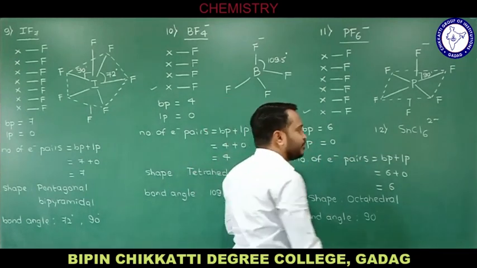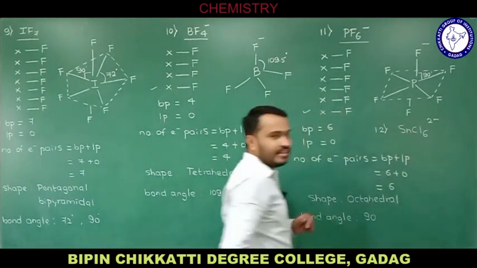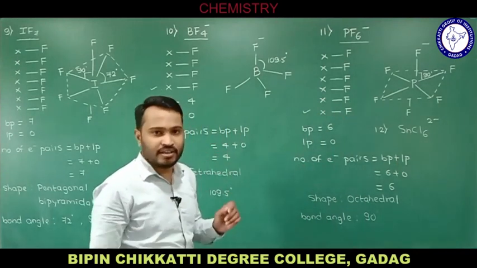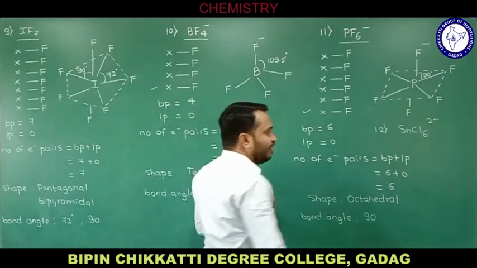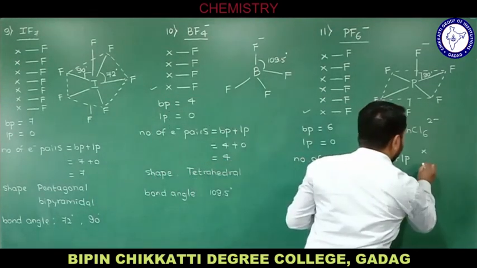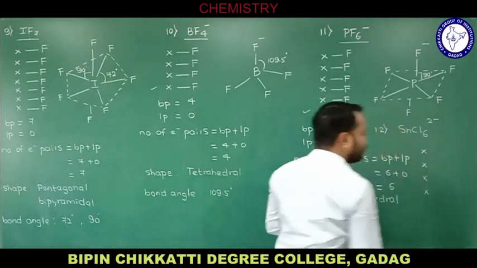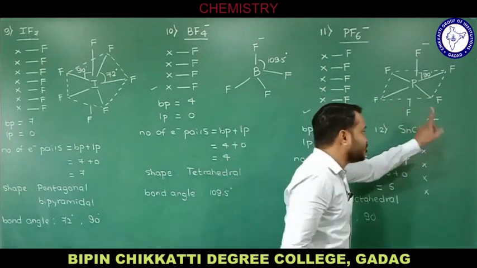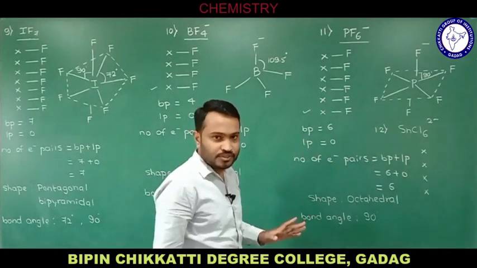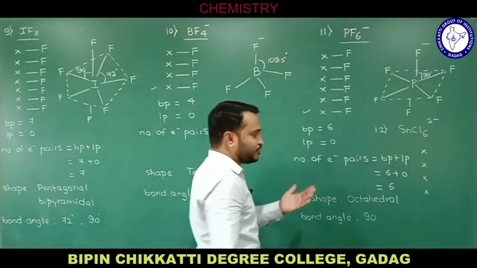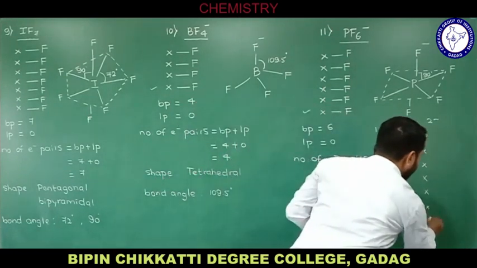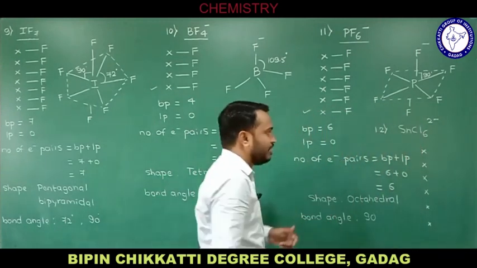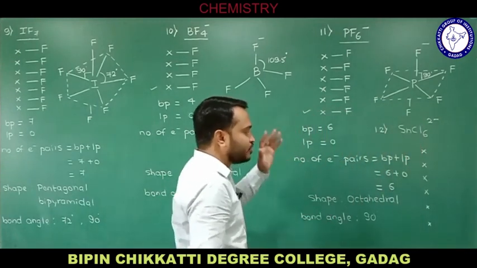The hint I am going to give here is that Sn, tin, belongs to the carbon family, group number 14. We have 4 valence electrons, right? The charge is 2 minus. So how many electrons do we have extra? We have 2 electrons extra. And how many chloride ions do we have? 6 we have.